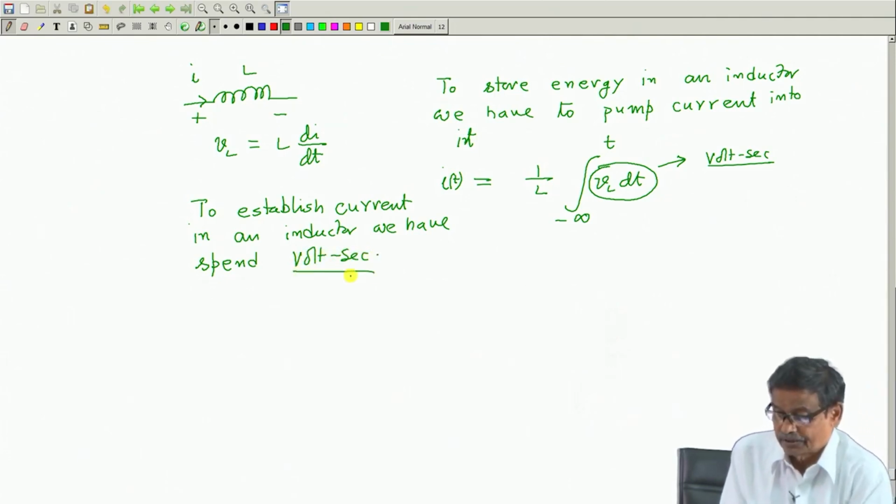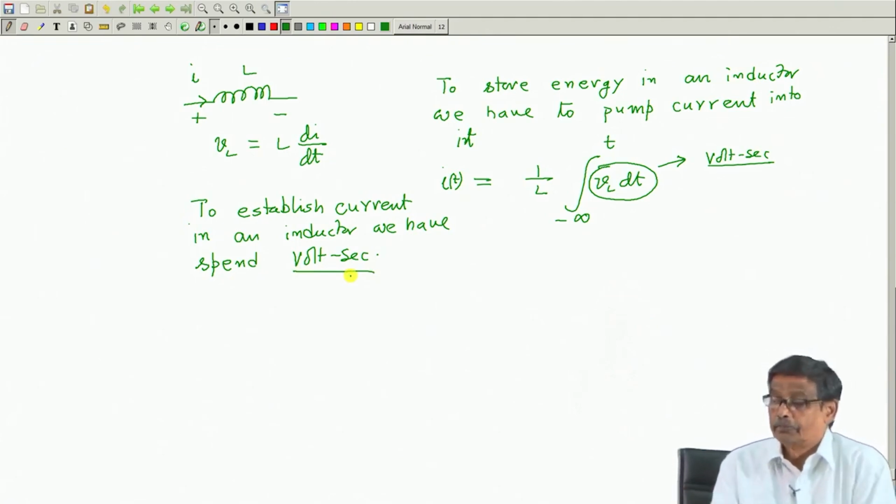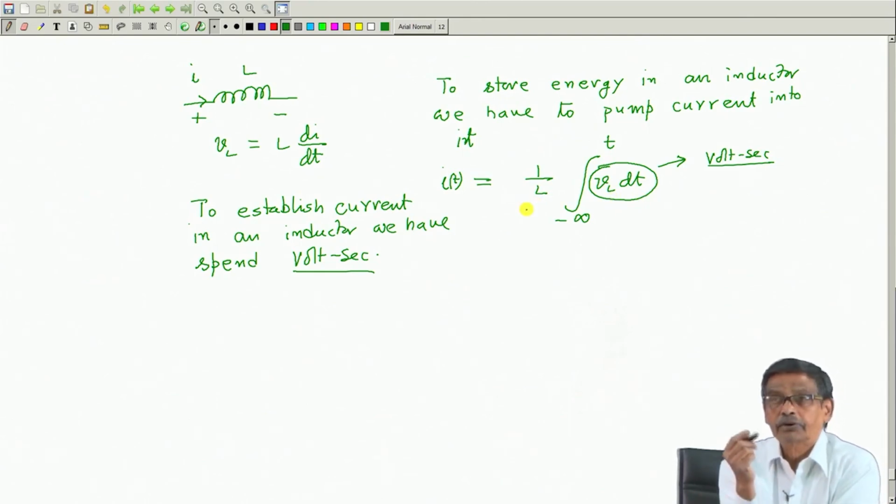At the cost of what? If you apply some voltage over a certain time, then only current will be established, L is constant. So, you have to spend some volt seconds in order to establish current.